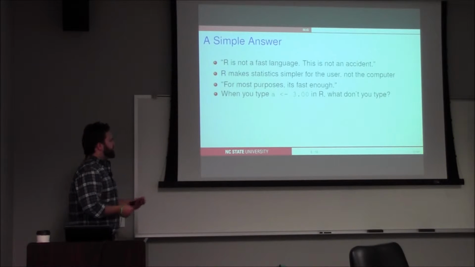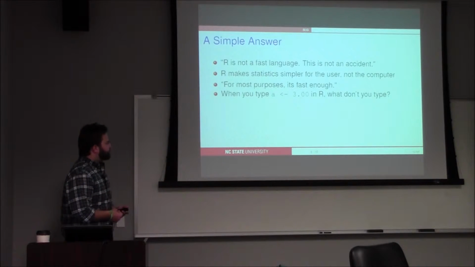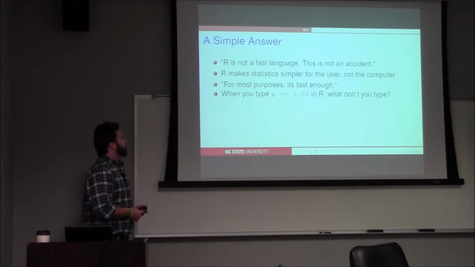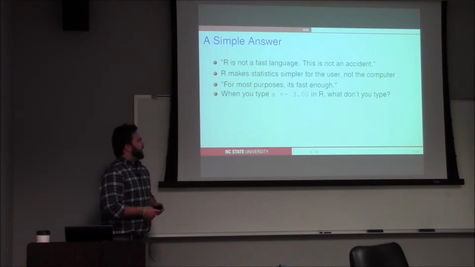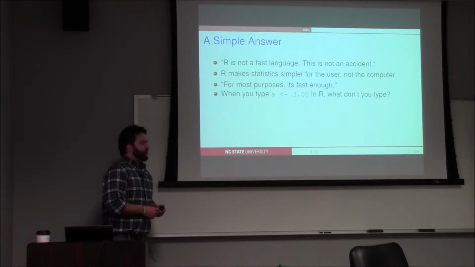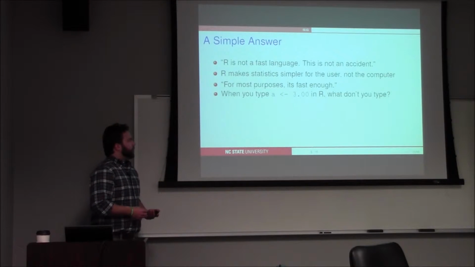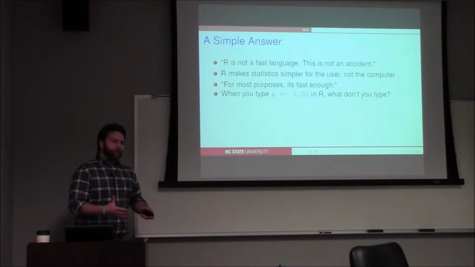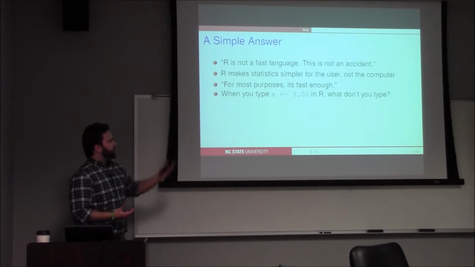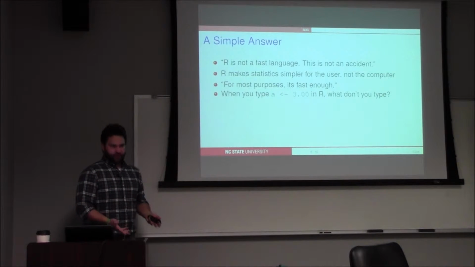One of the best examples that I saw as I was researching for this presentation: when you type something like A equals 3.00, you assign the value 3.00 to A in R. That's what you type. But maybe the better thing to think about why R is slow is to answer the question, what don't you type?